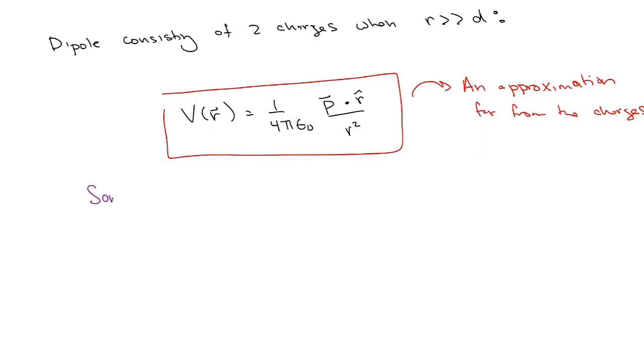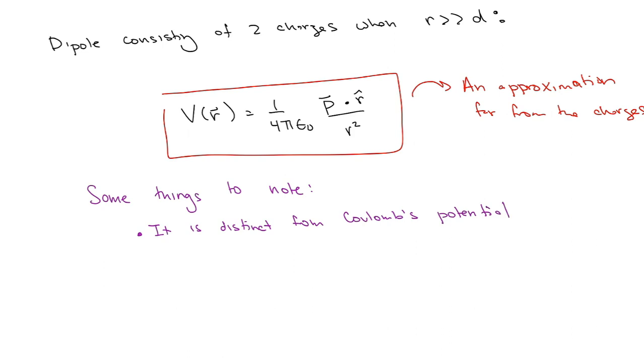Some things to note: it is distinct from Coulomb's potential, and it's distinct because it falls off like 1 over r squared, so that's more rapid.